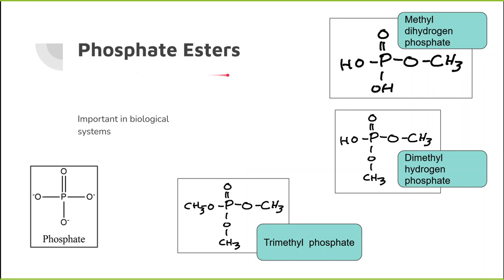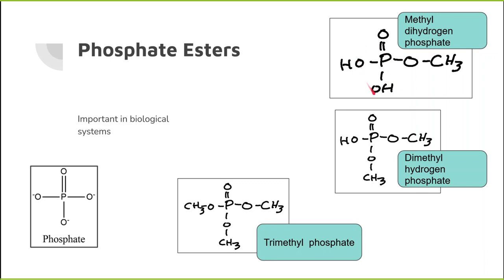So yes, phosphate esters are very important in biological systems. How they get named is this is a phosphate as your core name. So you've got the phosphorus with these O's with negative signs on them because the H's have been pulled off, and then a double bond O. So here, if you have a methyl group added onto the oxygen, then this gets called methyl dihydrogen phosphate.